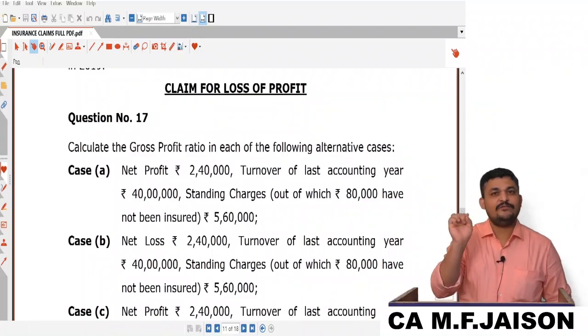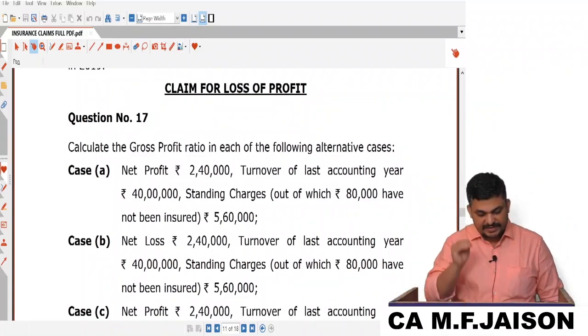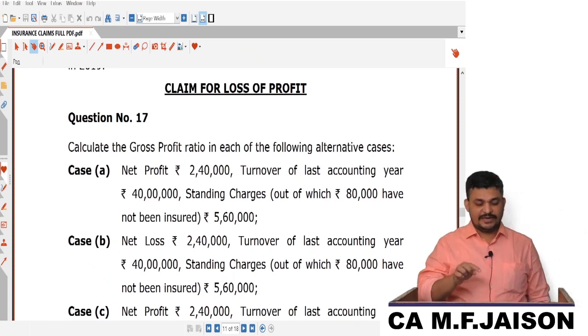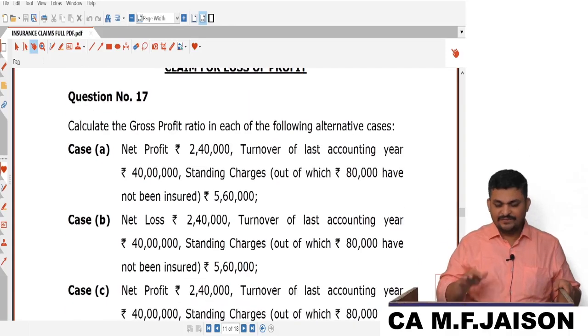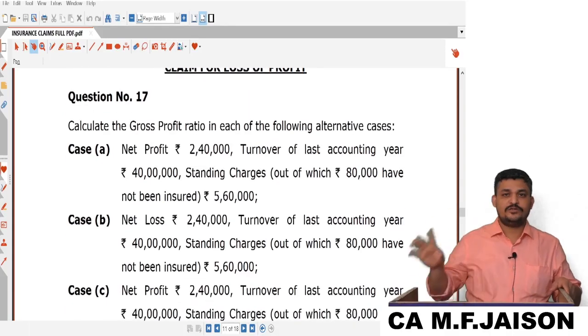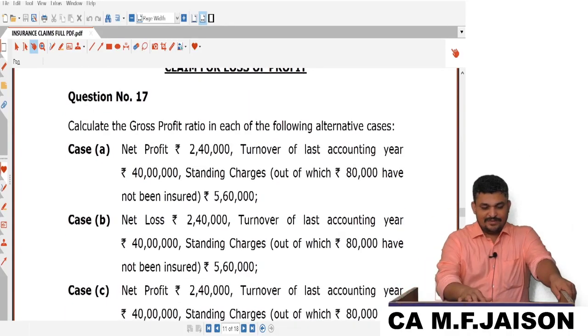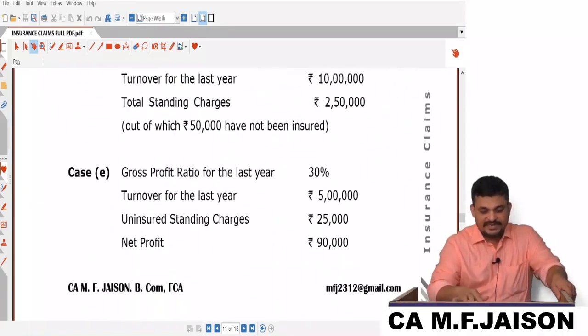Though we have learned only one step, straight away based on that step we are going to take this problem, question number 17, and we are going to solve. First you are going to solve. You have cases A, B, C, D, E.